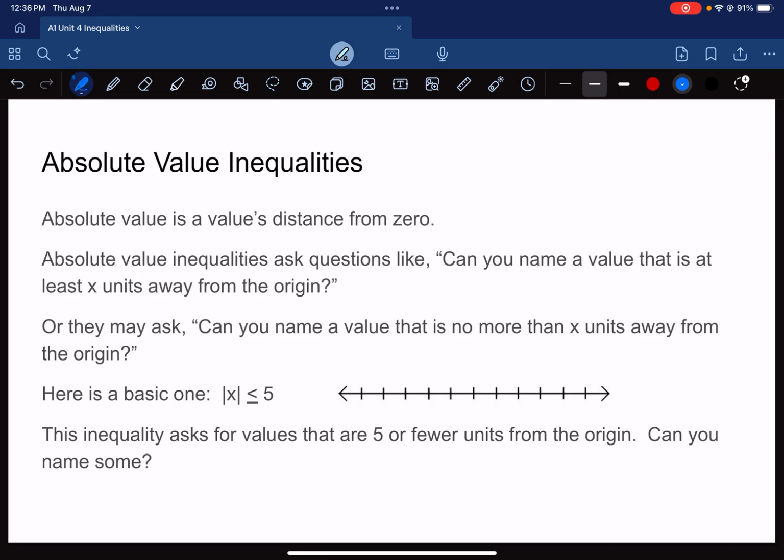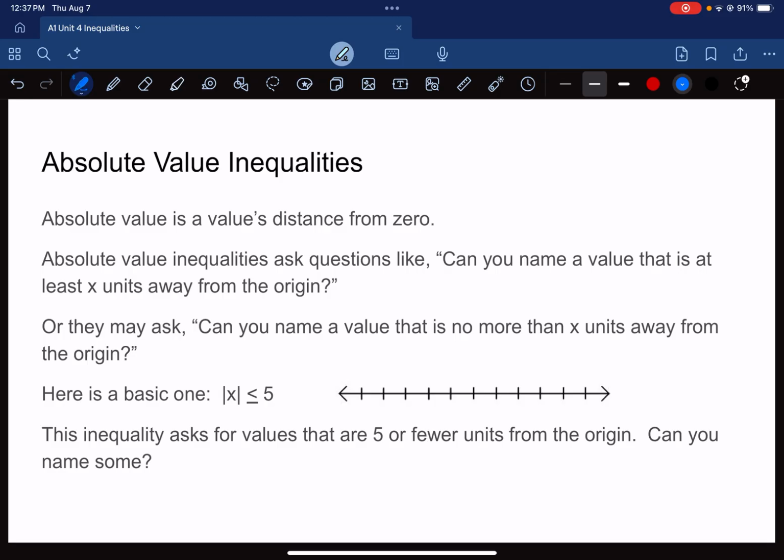So absolute value inequalities, absolute value you should know because we studied it last unit, right at the end, is a value's distance from zero. So absolute value inequalities ask questions like, can you name a value that is at least x units away from the origin, or zero?